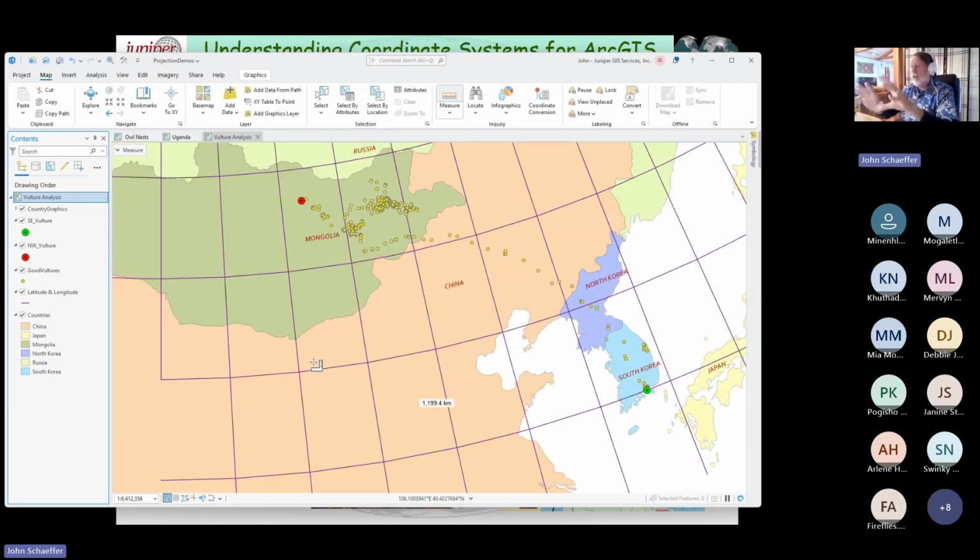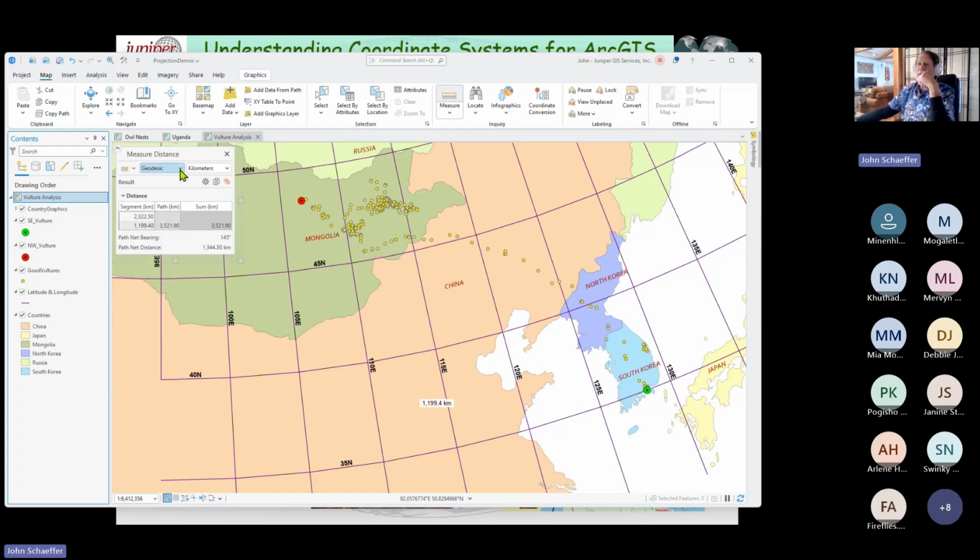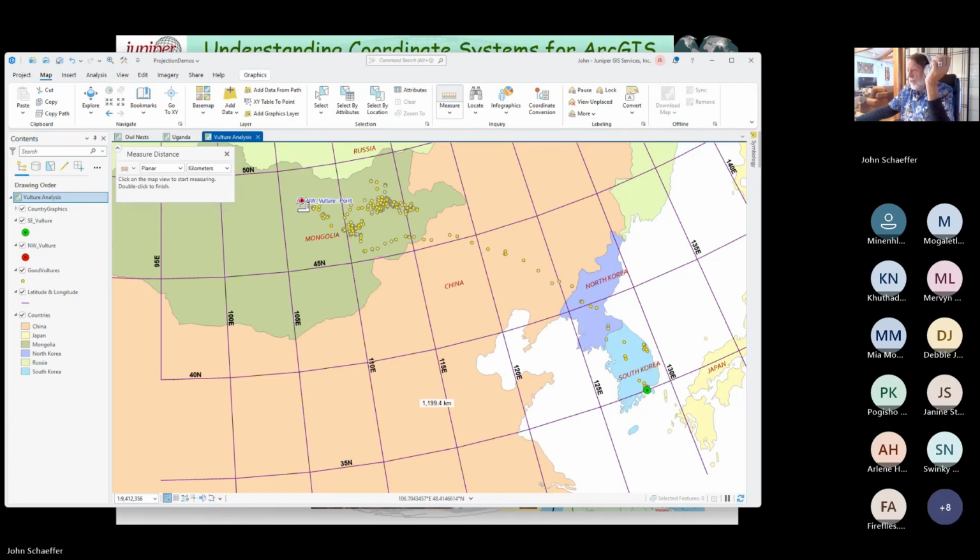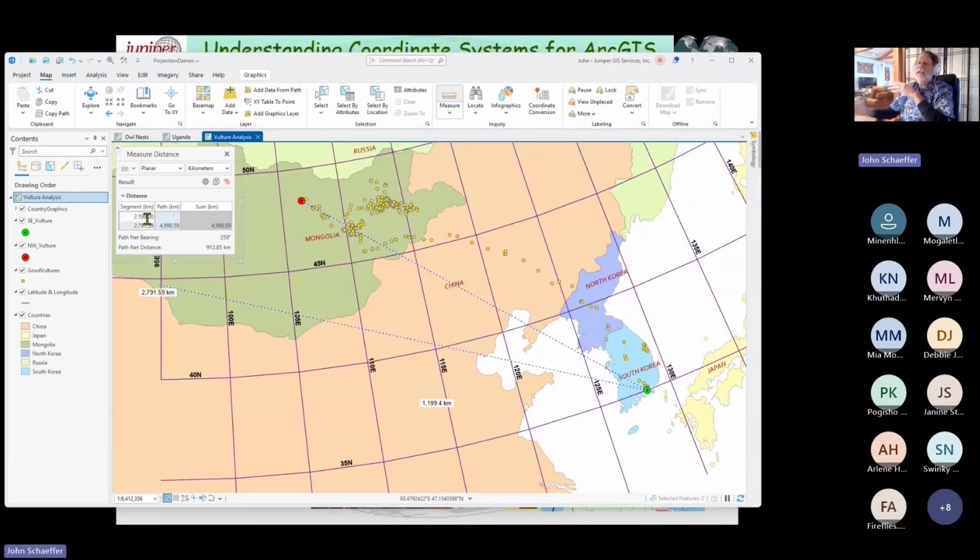And you can see how the map has shifted some. And let's do a measure. So I'm going to click on measure, but we're going to change to planar, and we'll use kilometers, and we'll click on the northwest vulture point, and we'll click on, make sure I'm in southeast vulture point, 2,199 kilometers.